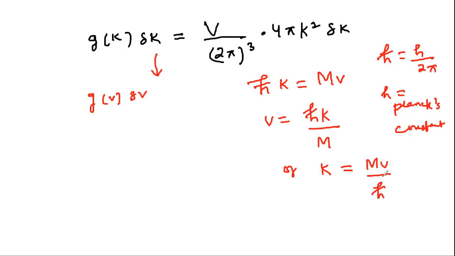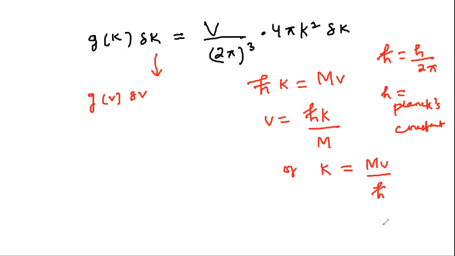H cross K is MV. You can write V is equal to H cross K by M, right? Or K is equal to MV by H cross.